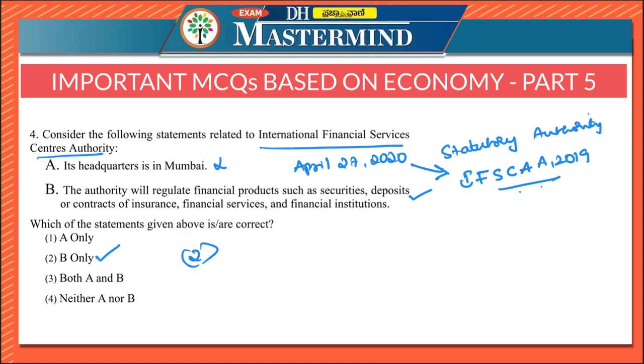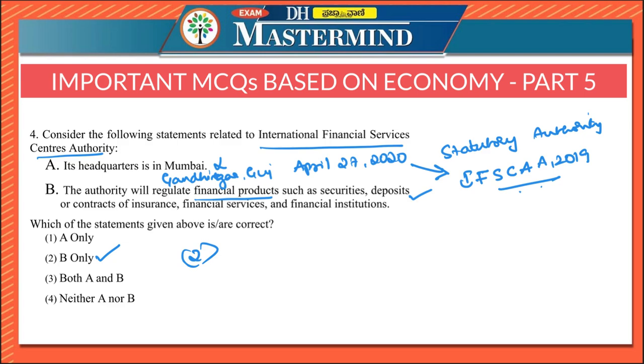It has been established at GIFT IFSC Gandhinagar, not Mumbai, but Gandhinagar, in Gujarat. It is a unified authority for the development and regulation of financial products.